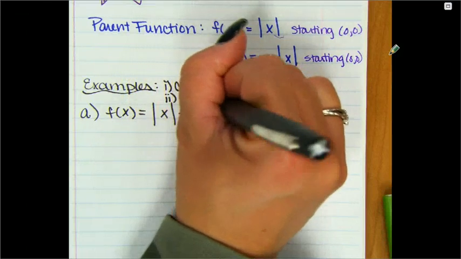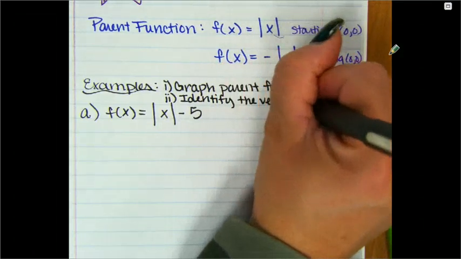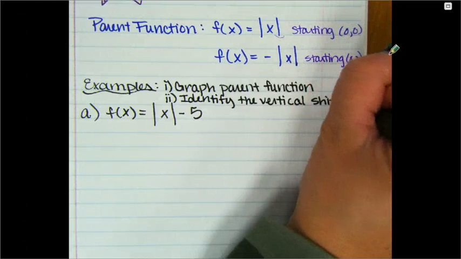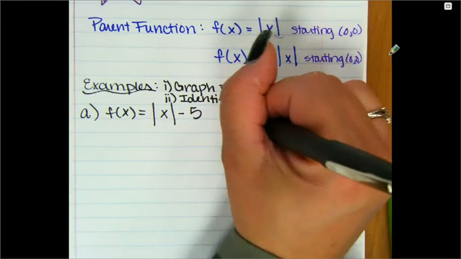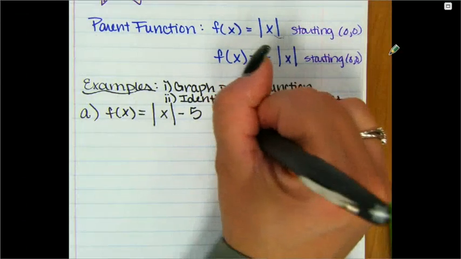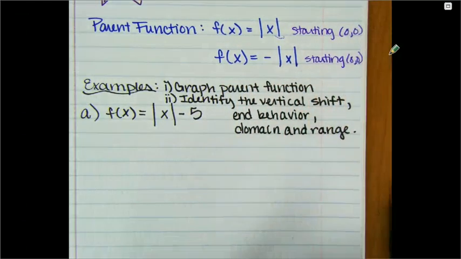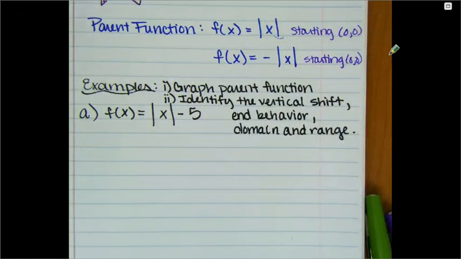You must identify the vertical shift and end behavior, domain and range. We good? I'll let you write that, and then we're going to graph this in a second.